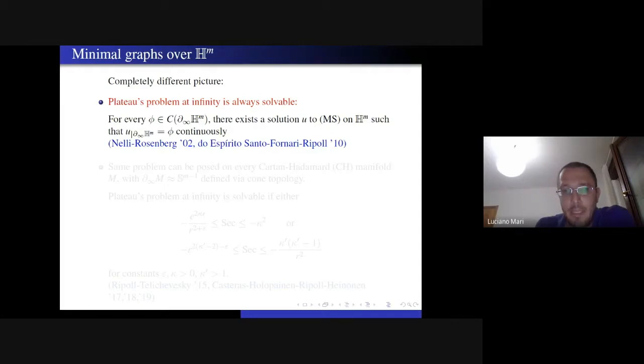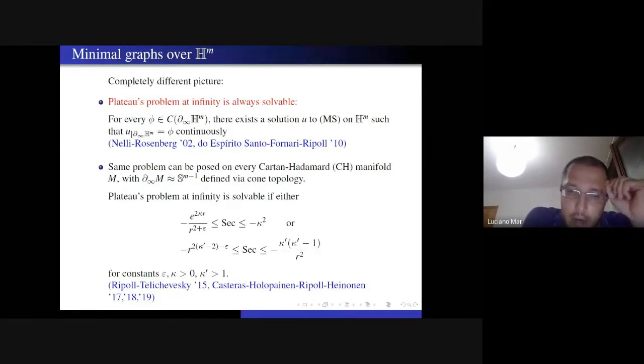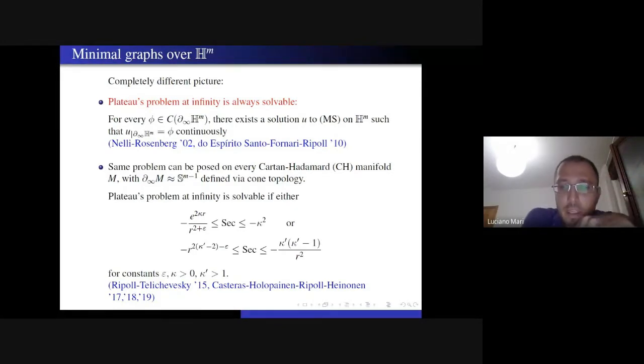This has stimulated an interesting research in the last years, starting from Ripoll and Telichevesky, and soon after, the group of Casteras, Holopainen, Ripoll, and Heinonen, in various combinations, made various interesting works to underline when the problem is solvable on a Cartan-Hadamard manifold, that is a simply connected manifold with non-positive sectional curvature.